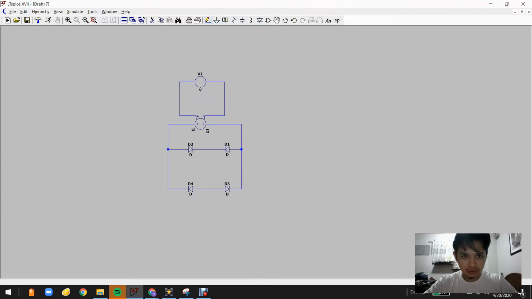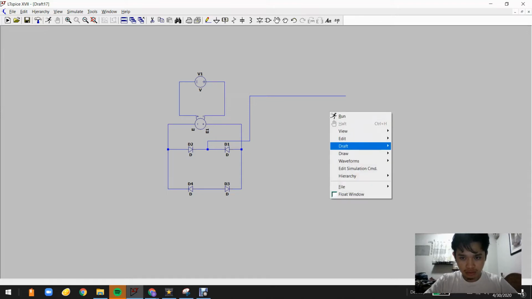So what we're gonna do is make the part, so there's our Zener diode.